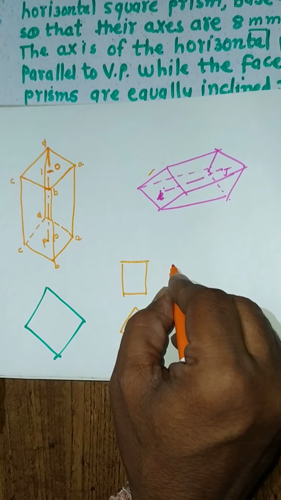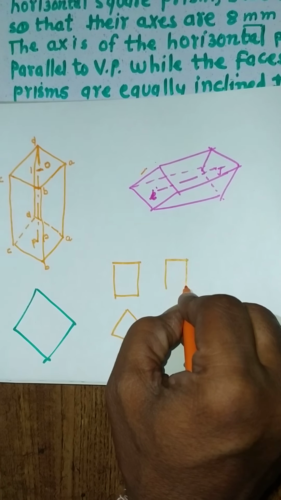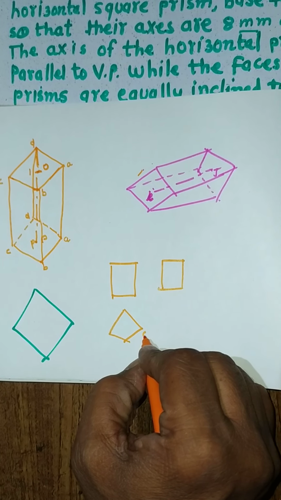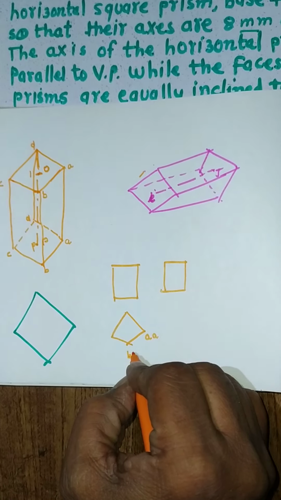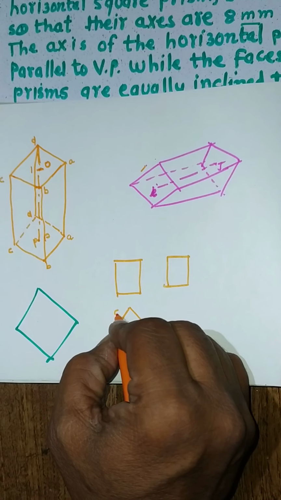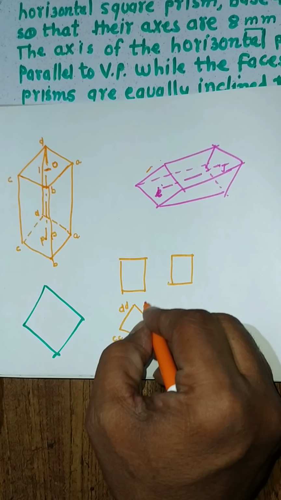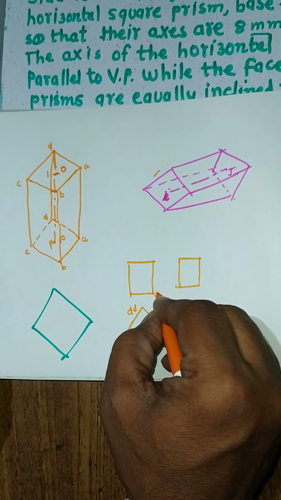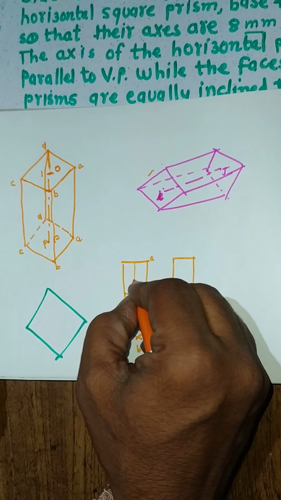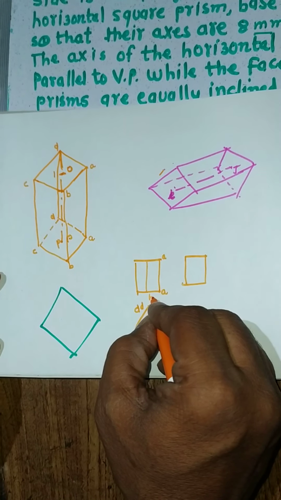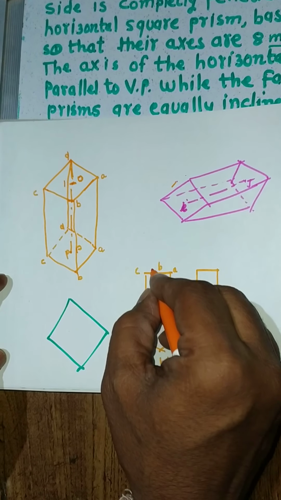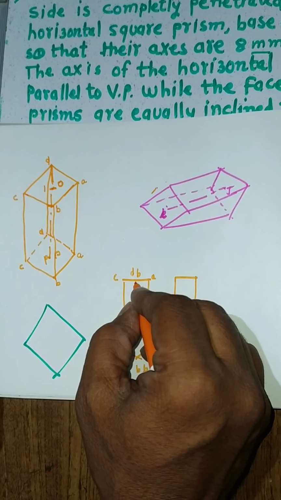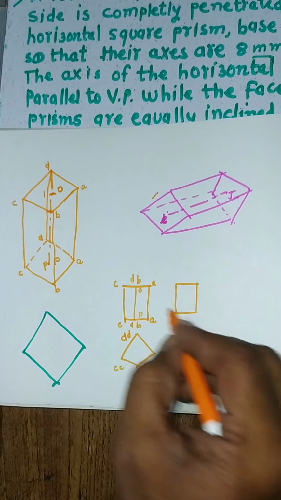And third, I will draw the side view. I will name it as AA, BB, CC, DD. These names are transferred in the front view. This is the vertical edge AA. This is the front side edge BB. This is the back side edge CC. And the back side edge, exactly behind, that is DD. And this is also the axis OP.